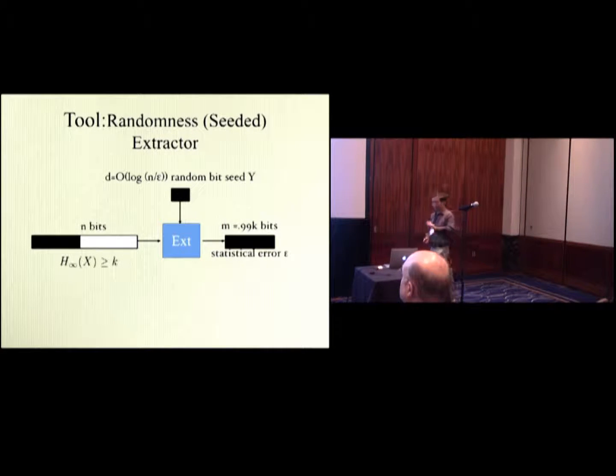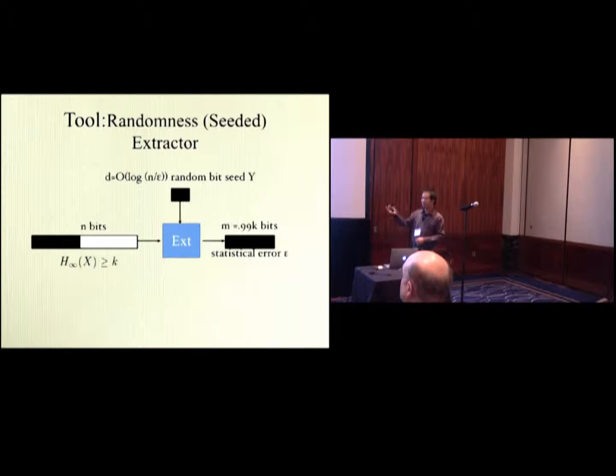To reduce this weak random source into a non-oblivious bit-fixing source, a very useful tool is something called a seeded extractor. And I guess most of you have already seen it in previous talks. It's a function that takes a defective random source, as well as another small uniform random string, something like order of log n bits.